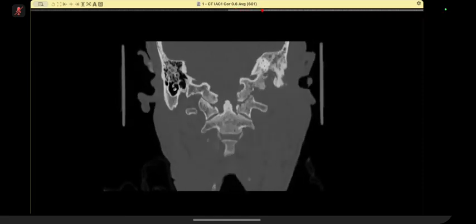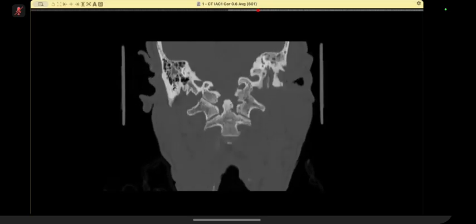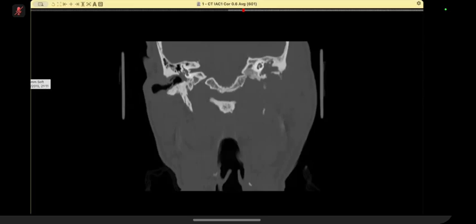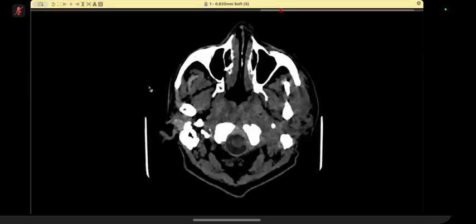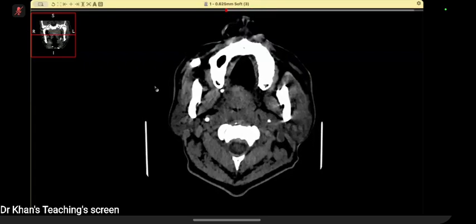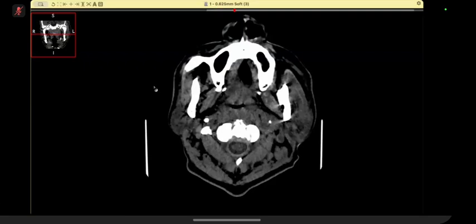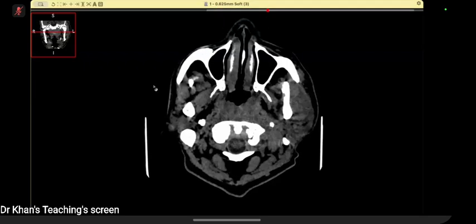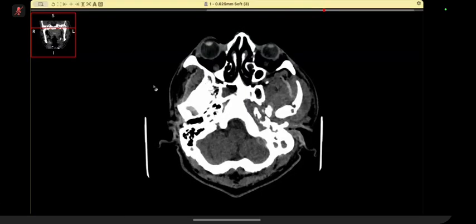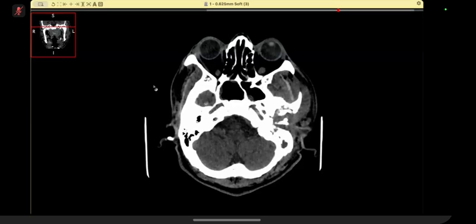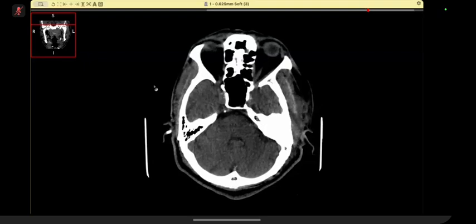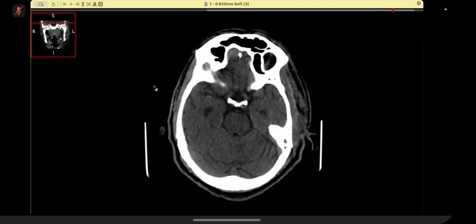I think at the top of my differential, I would first like to look at the same images on the soft tissue window to see the extent of the soft tissue. On the soft tissue window, I can see a heterogeneous appearance and swelling over the left cheek, and there's also heterogeneous appearance and fullness of the external auditory canal with soft tissue material.